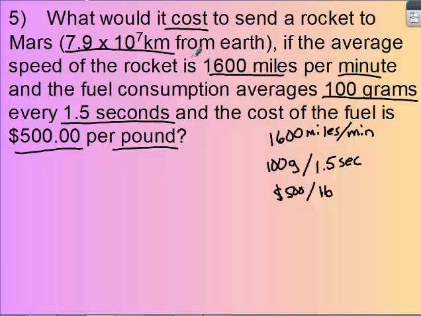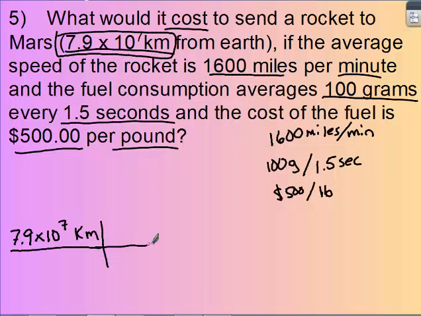So this one has 3 conversion factors that we're starting with. But we know that we have to start with the amount that they gave us that wasn't a conversion. So my distance is in kilometers, but in my conversions they gave me, it was in miles. So first step is convert kilometers to miles.